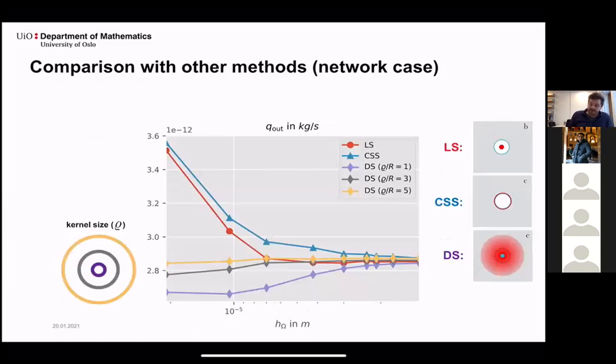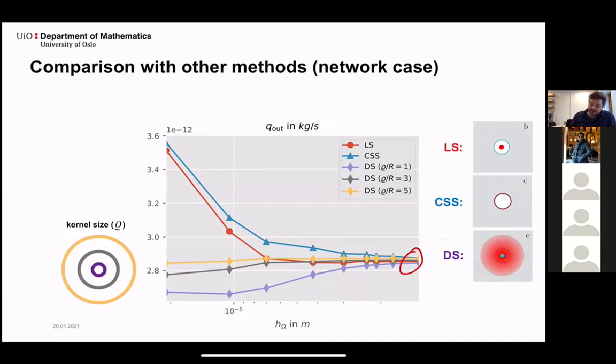But we compared different schemes, and we refined the grid in all of them. We didn't have an analytical solution in this case, but used very fine grids, and we can see that all the methods basically came out at the same total exchange flux between the network and the porous medium.